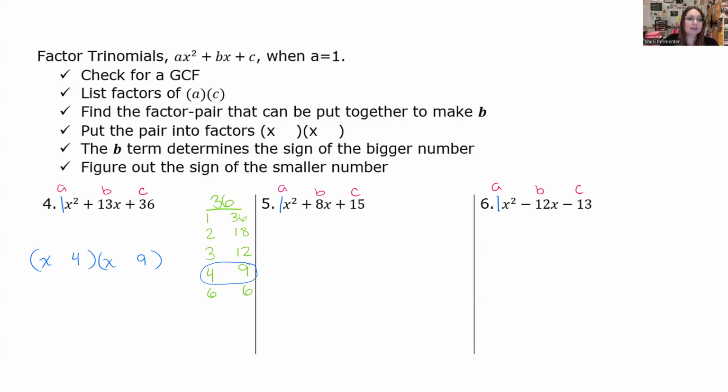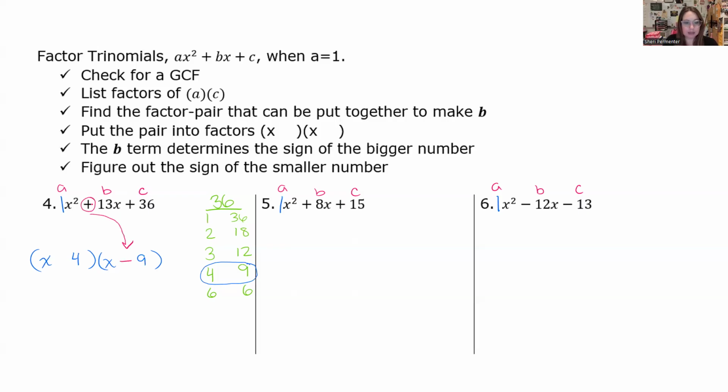Next, I have to figure out what signs go in here, because I have to have a plus or minus here, plus or minus here. So to figure it out, I always look at my middle term. B determines the sign of the bigger number. So 13 is positive. So the bigger number is 9.